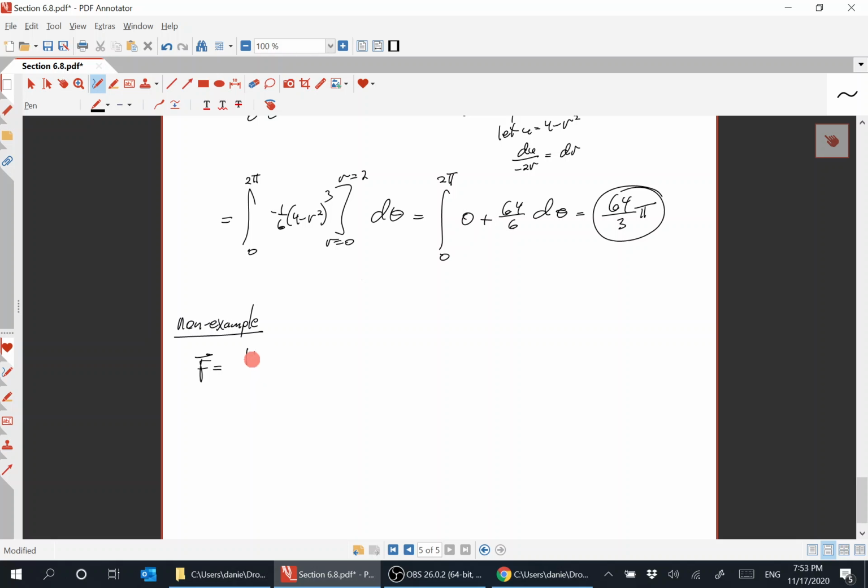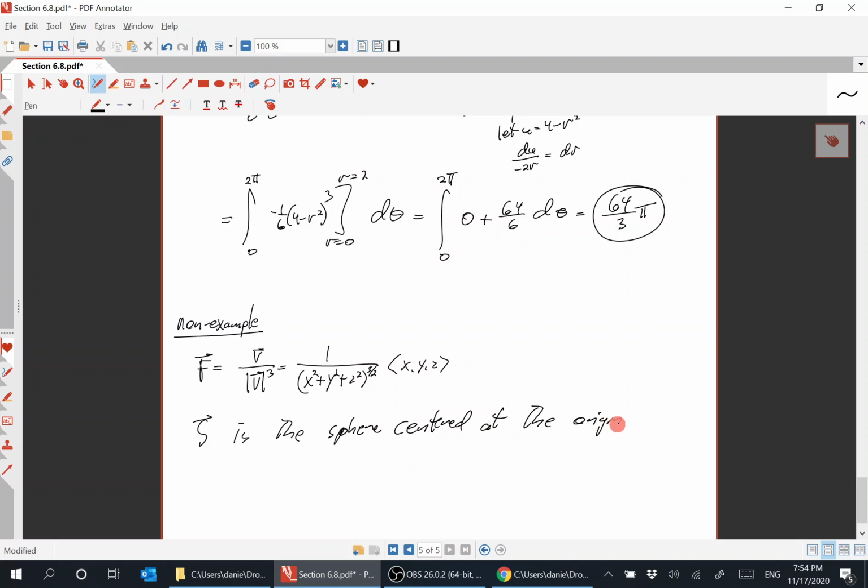So the vector field was 1 over (x squared plus y squared plus z squared) to the 3/2 times x, y, z, and S was the sphere centered at the origin of any radius.